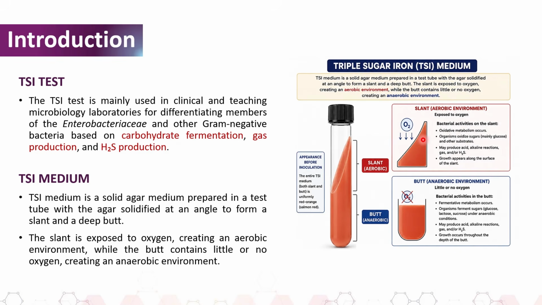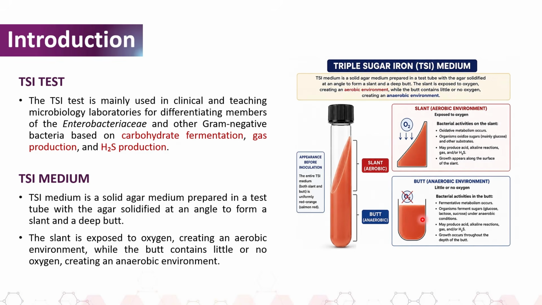This changes the phenol red, which is the pH indicator in the medium, to deep red or pink. Also some bacteria here may produce gas or hydrogen sulfide, and bacterial growth here is mainly observed along the surface of the slant where oxygen is readily available.